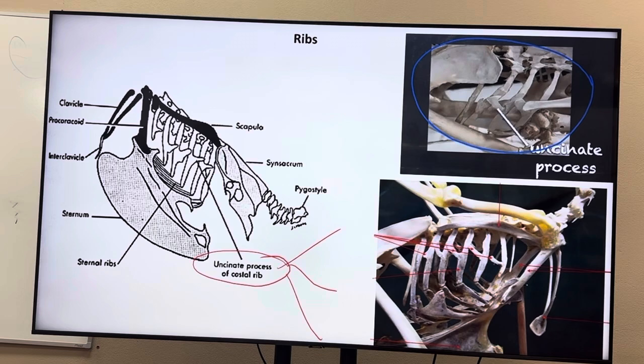We have attachments for muscles. You can see that these structures here attach or articulate with succeeding ribs. So these reinforce the rib cage, thereby providing strength.